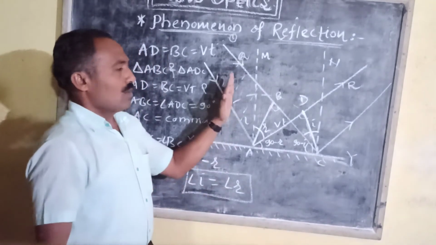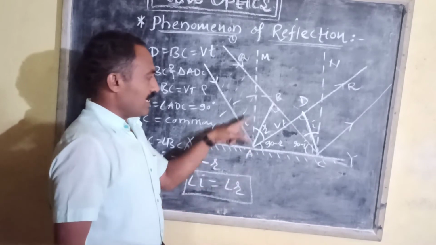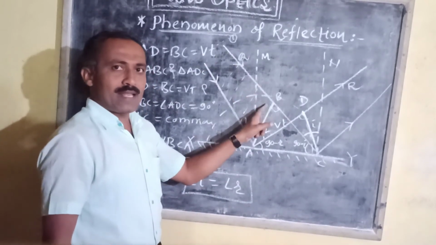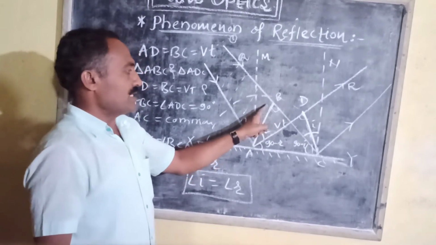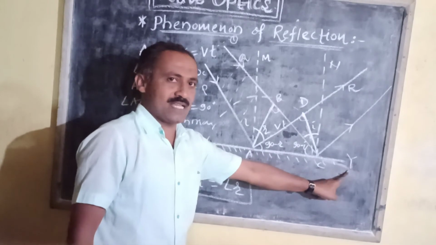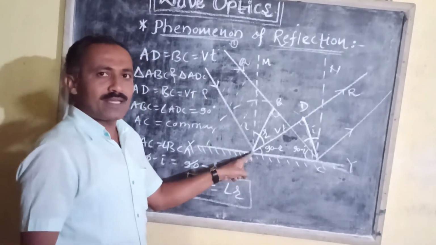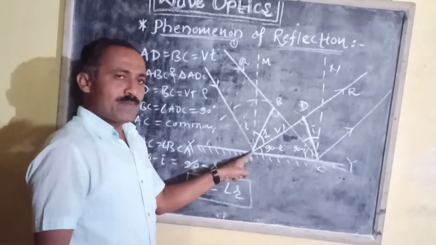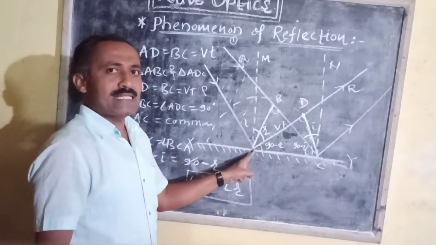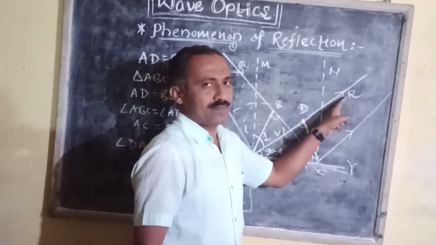If we revise this diagram, AB is the plane wavefront bounded on two sides by the two parallel rays PA and QB, incident obliquely on the plane reflecting surface XY, such as a mirror. Initially the wavefront reaches the point A. According to Huygens principle, point A acts as a secondary source of light, sending out secondary waves along AR.